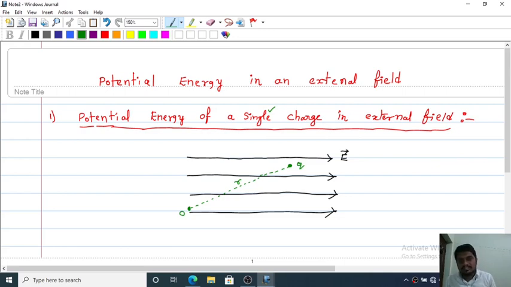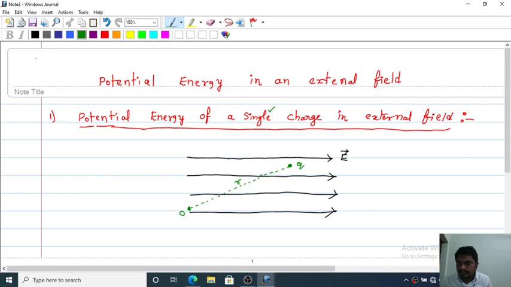When a single charge is placed in an external field, what will be the potential energy? And when two separate charges are placed in an external field, what will be the potential energy? When a dipole is placed in an external field, what is its potential energy? That is what we are going to calculate and discuss in this class.